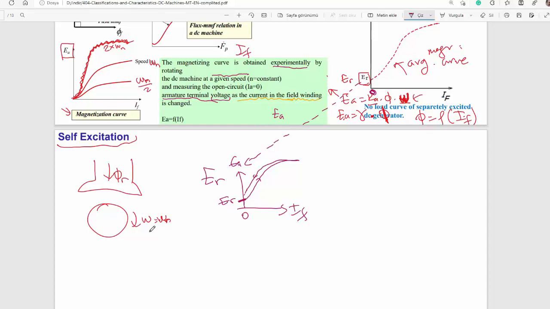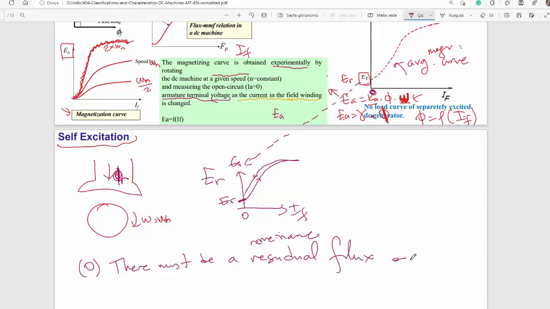Before self-excitation, you need to have residual flux. First rule, there must be a residual or remanence flux on poles.